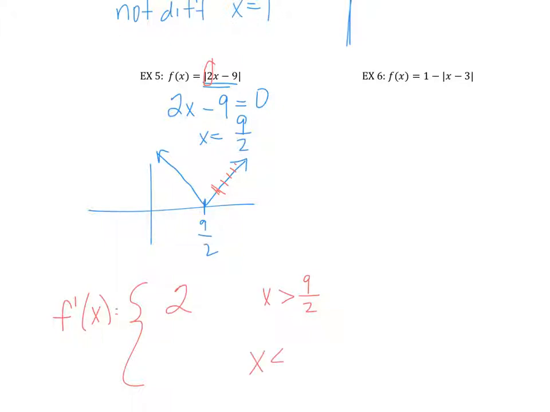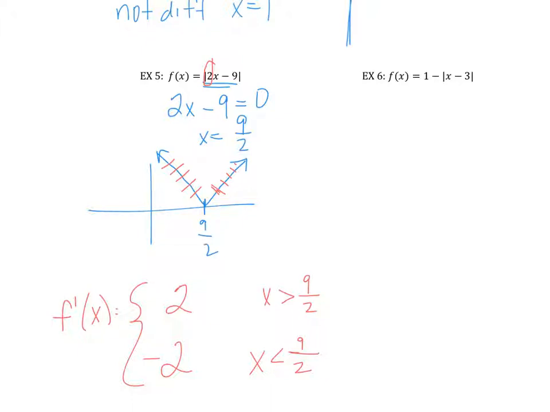When x is less than 9/2, what is the slope of this line? Well, it's 2, but it's -2. It has the same slope, but it's slanted negatively, so I already know that. So aren't I done? I don't have to rewrite the whole equation. I know one's going to have a slope of 2 and one's going to have a slope of -2. I just have to figure out where.